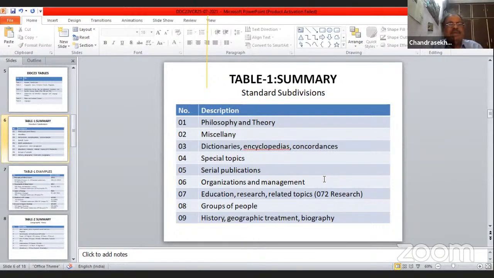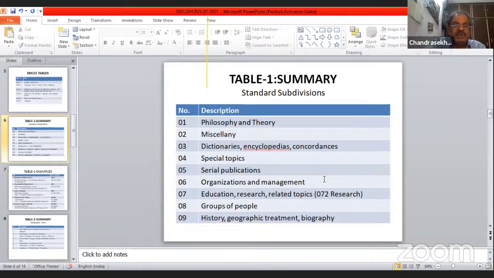05 is serial publication: journal of political science, journal of public administration, journal of botany, journal of history, journal of geography. The subject area is the main focus, so we give the main class number, and the journal number 05 we attach at the end. Then 06 is organization and management, and 07 is education.